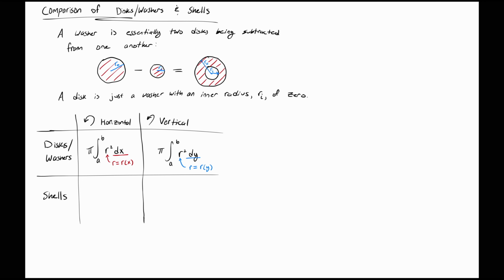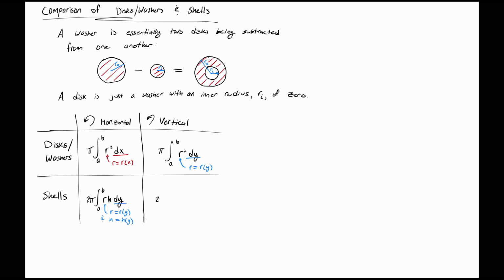Shells is exactly the opposite. So the volume here is 2 pi integral from a to b, let's say, of the radius times the height with respect to y. And again, this means that r needs to be a function of y, and h needs to be a function of y.